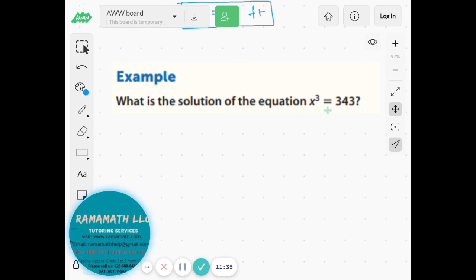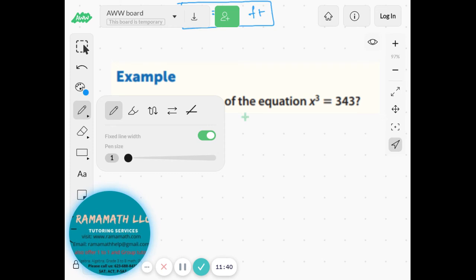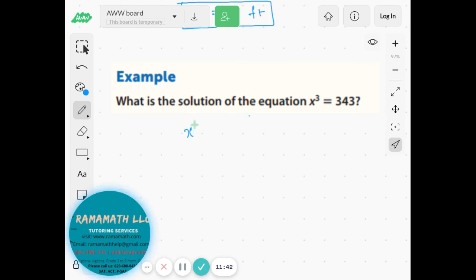Alrighty. So x cubed equals 343. We're going to use that one. x cubed equals 343, and then we can write one more step. Take the cube root on both sides.